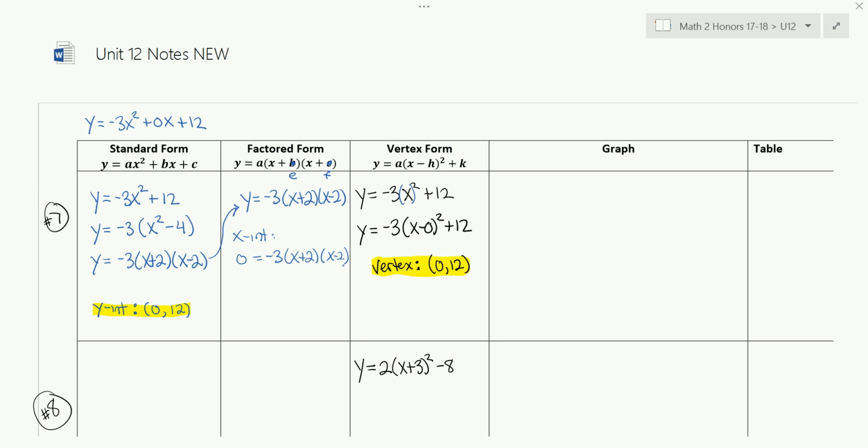And so we're trying to figure out what x value is going to make this equal to 0. Well, if the x plus 2 equals 0, then it works out. What x value is going to work there? -2. What about this one? +2. And those are going to end up being our x-intercepts. Okay, so x plus 2 will be 0 when x is -2. X minus 2 will equal 0 when x is +2. And so we get -2, 0, +2, 0.